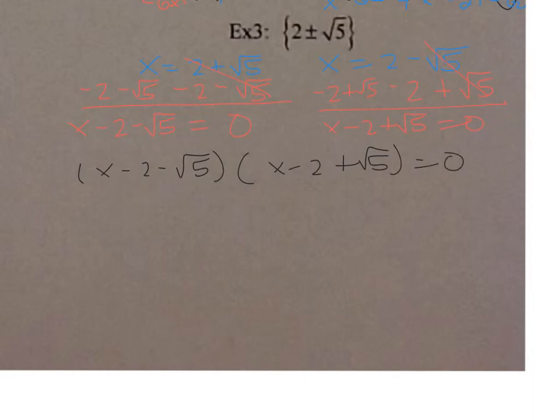Now notice what we are actually multiplying here are two trinomials together. So I do believe the easiest thing to do here is to set it up as an up and down multiply. So I'm going to rewrite it as x minus 2 minus the square root of 5, and right on the bottom put x minus 2 plus the square root of 5.